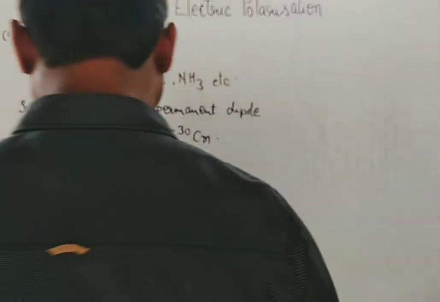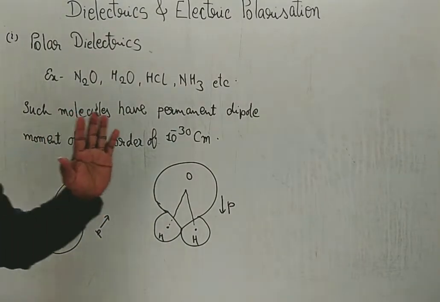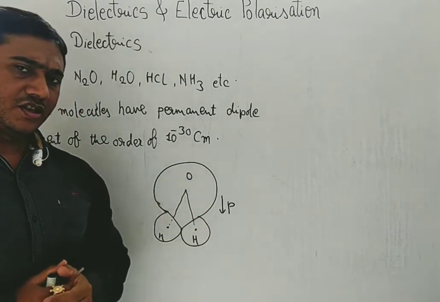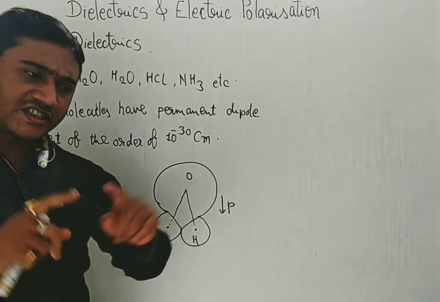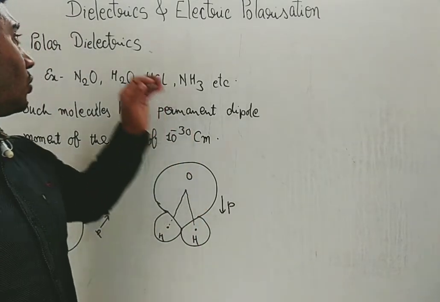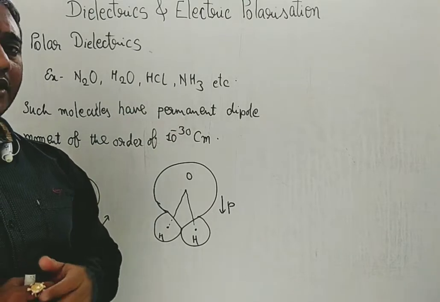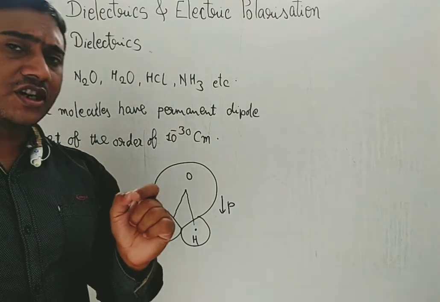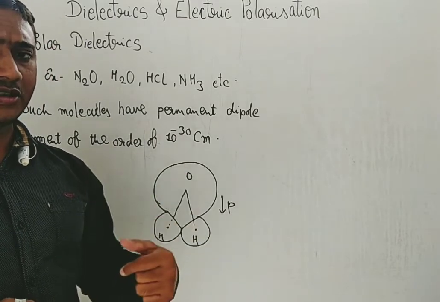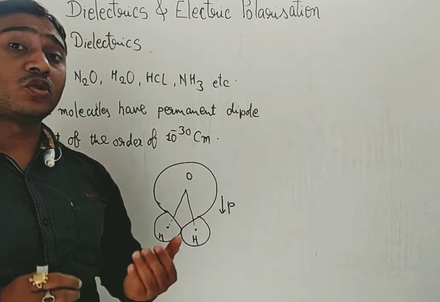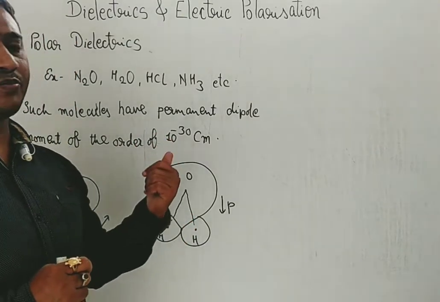Now, further we can see, in the absence of an external electric field, these molecules are so arranged inside the polar dielectric material that the electric dipole moment of a single molecule gets cancelled with the electric dipole moment of the next molecule of that specimen.